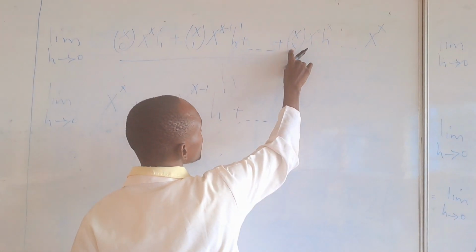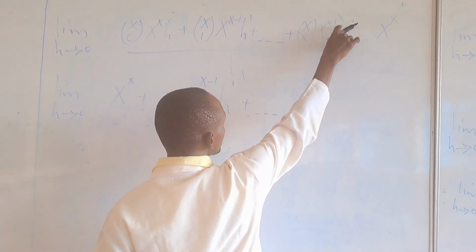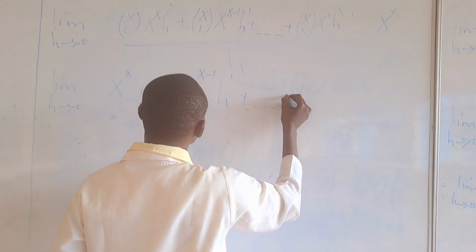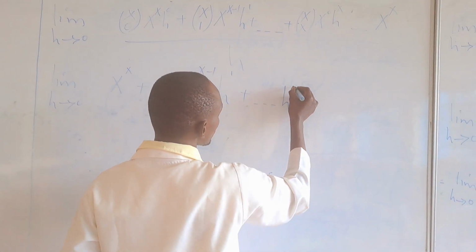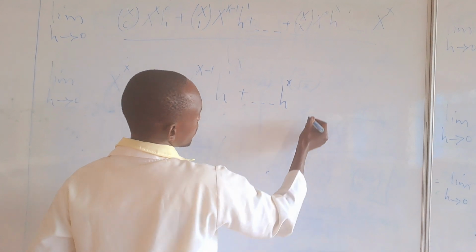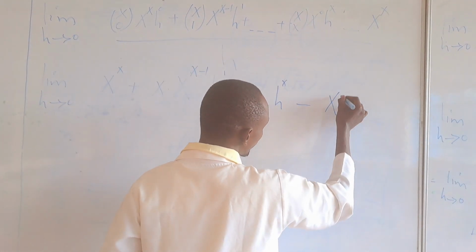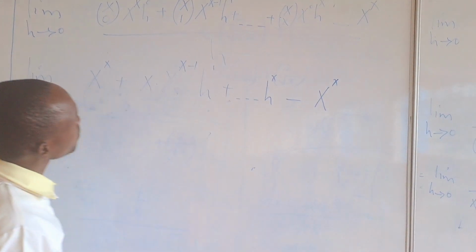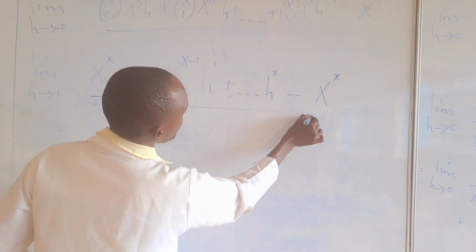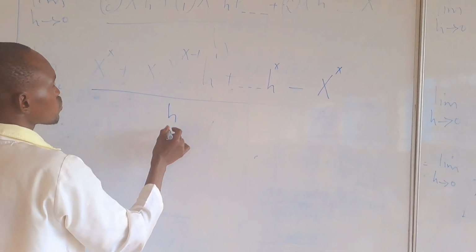So we'll have 1 times x raised to power x, so we'll have h raised to power x, then minus x raised to power x. Everything divided by h.